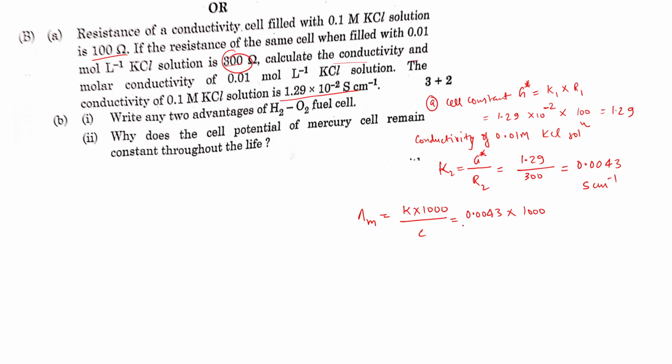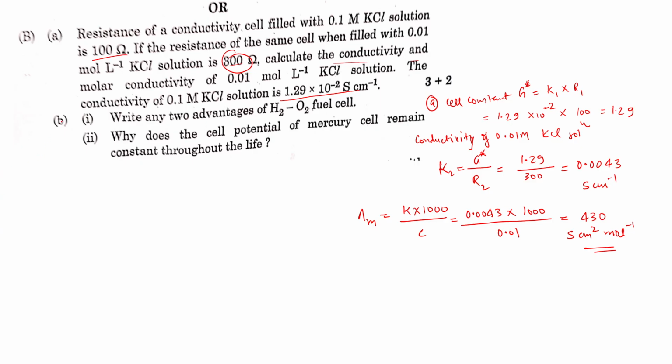This is multiplied by 1000 divided by C, which is 0.01. When you solve this, the answer is 430. Again, the unit is Siemens centimeter squared mole inverse. Units are very important. So 430 should be the answer.